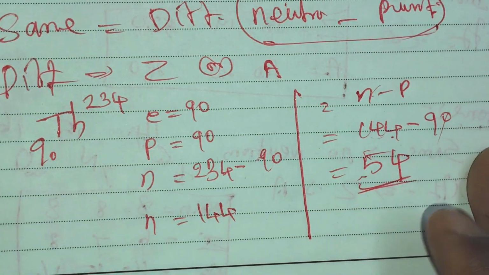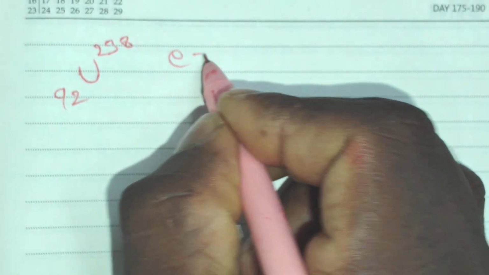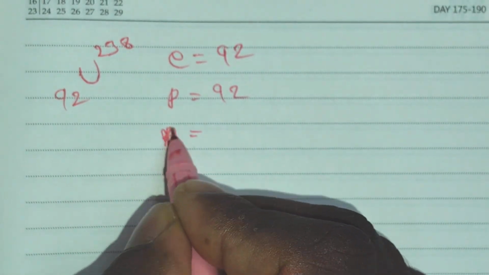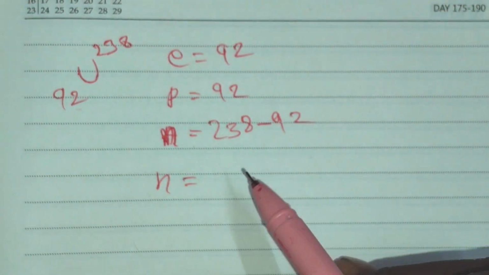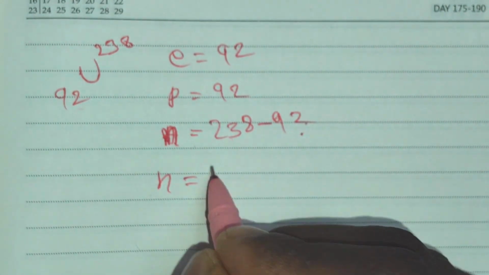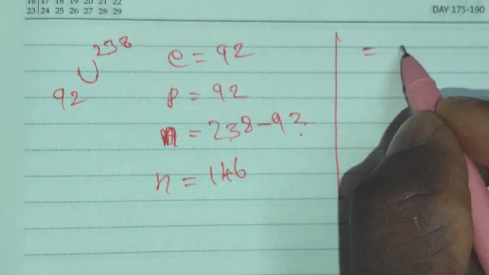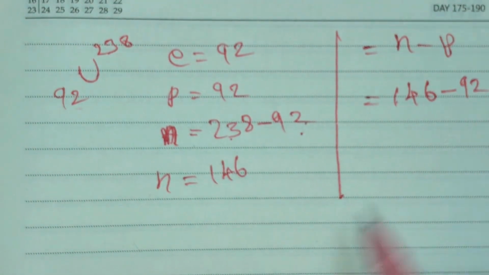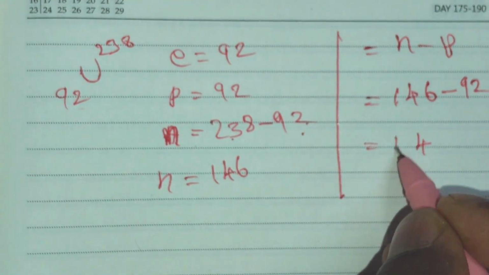Similarly, in the case of uranium, 92 and 238, the electrons are 92 and the protons are 92. The neutrons are 238 minus 92, which is 146. The neutron minus proton difference is 146 minus 92, which is 54.